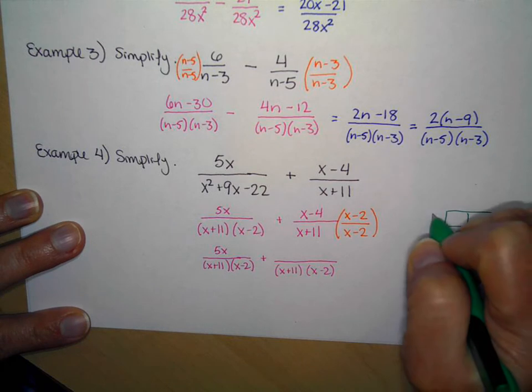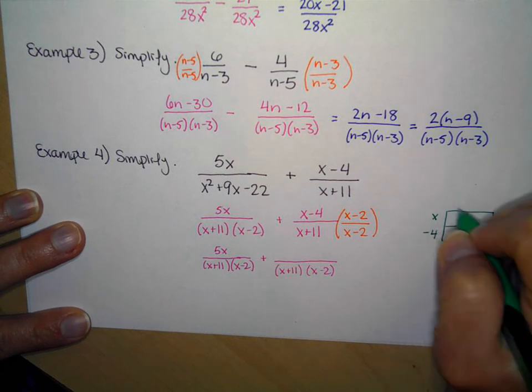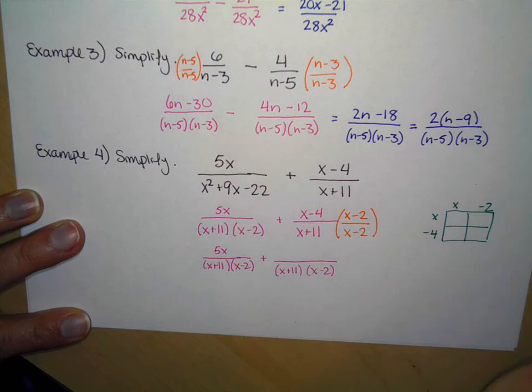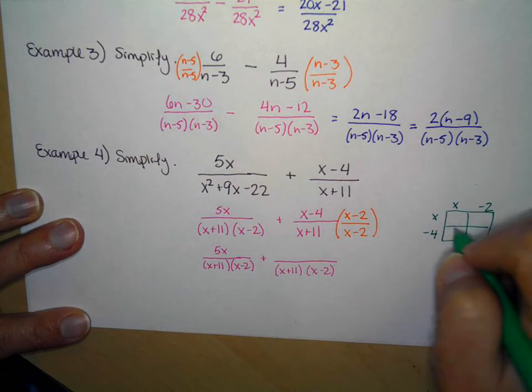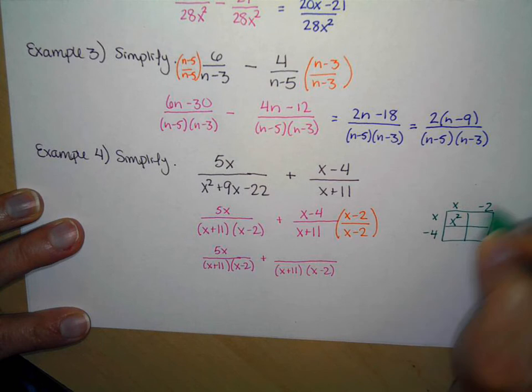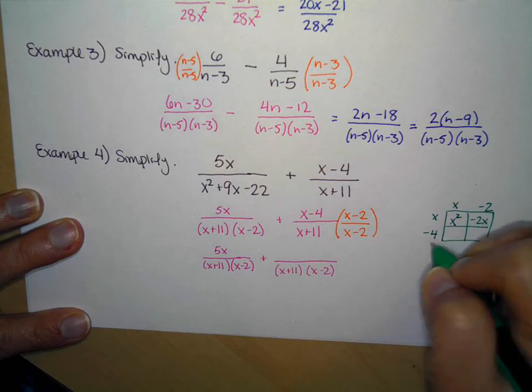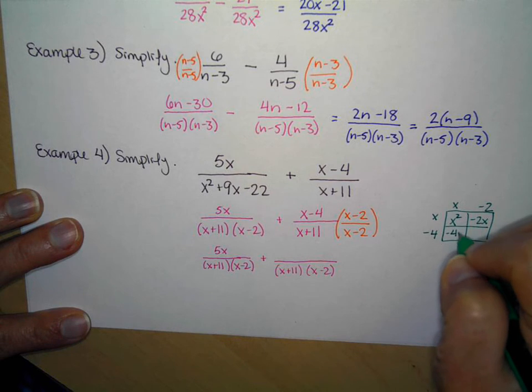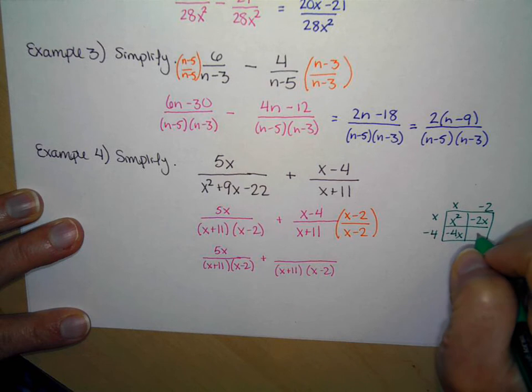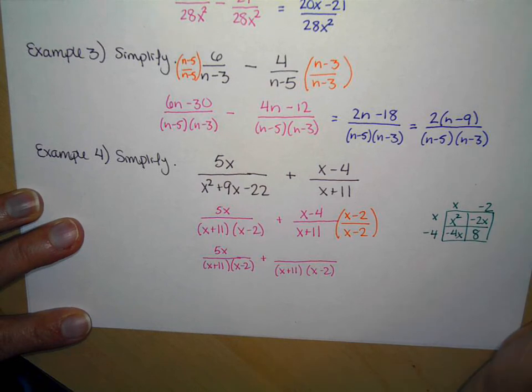If I'm multiplying x minus 4 times x minus 2, x times x is x squared. x times negative 2 is negative 2x. Negative 4 times x is negative 4x. And negative 4 times negative 2 is positive 8.